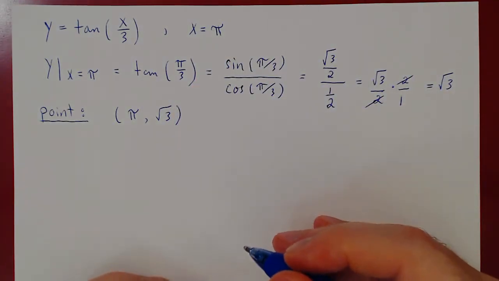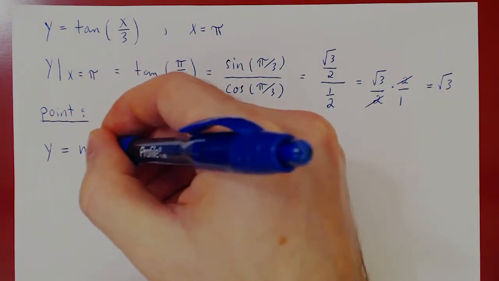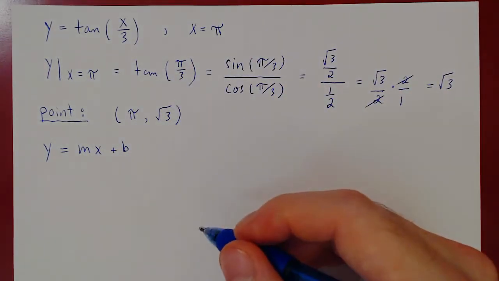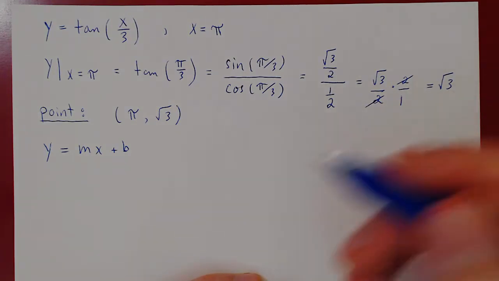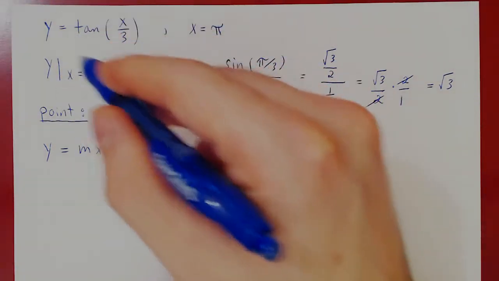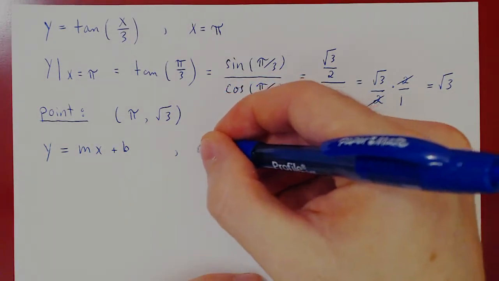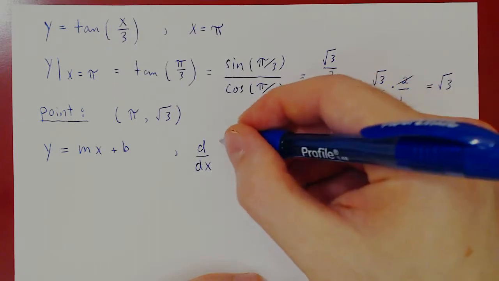Okay, so now we want the equation of the tangent line. So of course it's just a line, y equals mx plus b, and m is the slope. And if you recall, by definition, the derivative is the slope of the tangent line. So let's find the derivative of our function. So we differentiate with respect to x the function tan of x over 3.